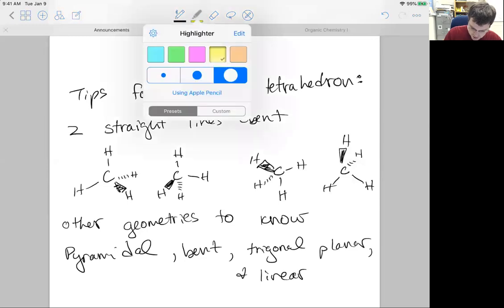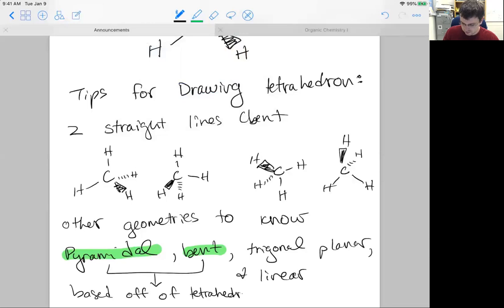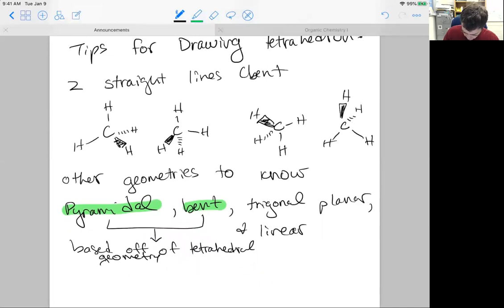What's interesting is students often struggle with this because they report there's some brute force memorizing involved to get to know all 5 different geometries, tetrahedral in addition to these other 4. But the thing to note is that pyramidal and bent are based off of the tetrahedral geometry.